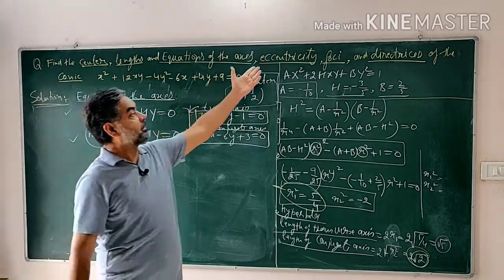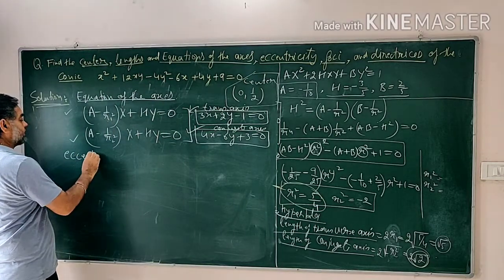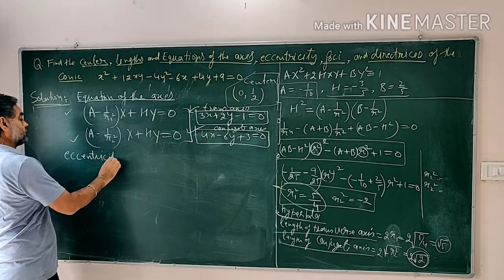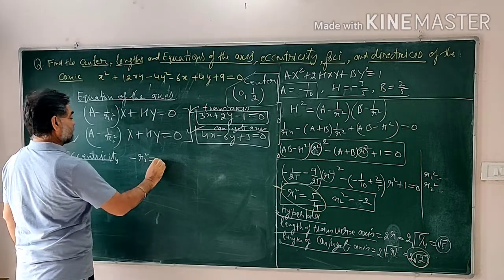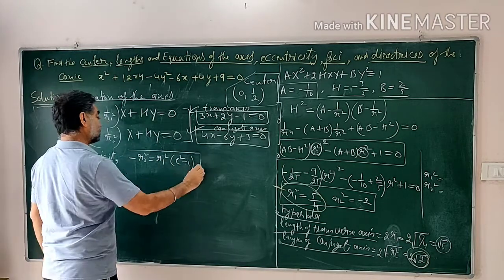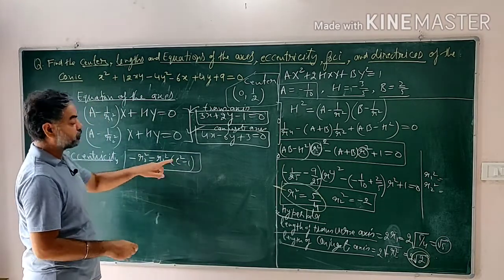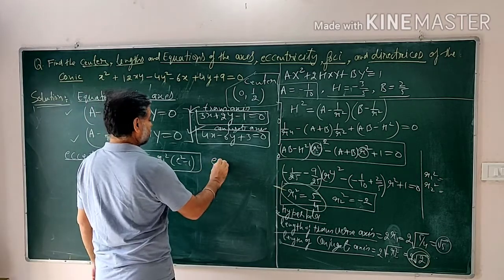After that, we can find the eccentricity. The formula for the eccentricity is b square is equal to a square into (e square minus 1). Putting the values here, you can find the value of e.